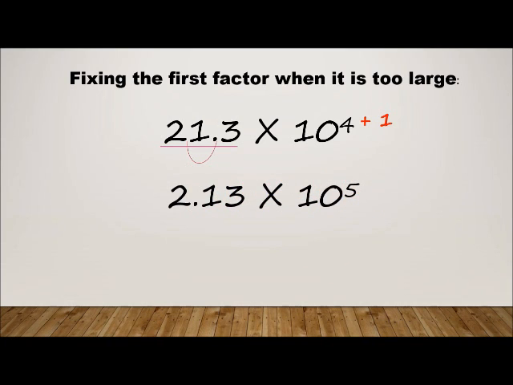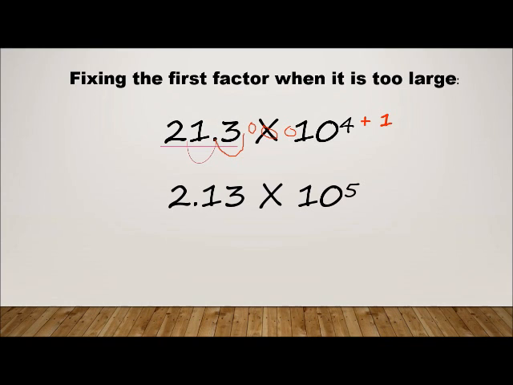Now we're going to check to make sure that those two original numbers are equal. The 21.3 times 10 to the 4th would mean I would have to move this decimal once to the right to get behind the 3, and then 3 more times means I would add 3 more zeros to that number.